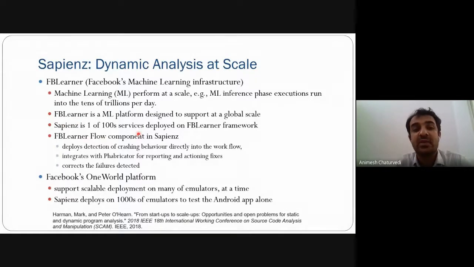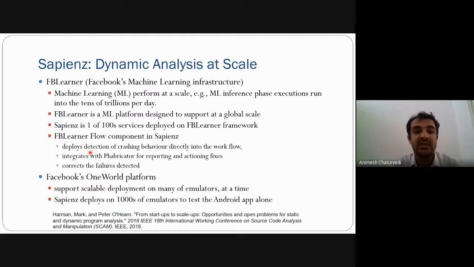Then Sapienz tests one to hundreds of services that are deployed on FBLearner. So Sapienz is one of the applications which use FBLearner, and FBLearner is used by many services of Facebook. Then FBLearner has a flow of components for Sapienz. These three things it does for Sapienz.